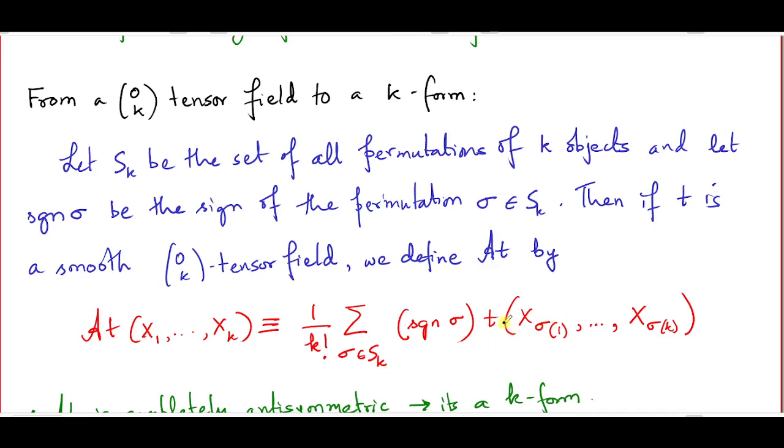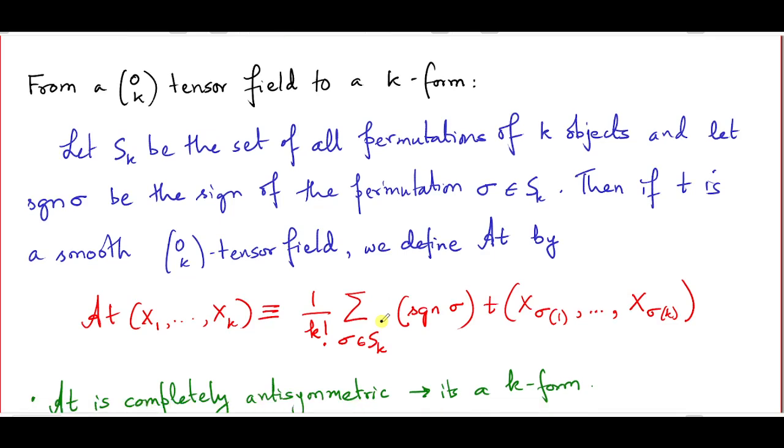And there, you're going to start with the same tensor T, the (0,k) tensor that we are talking about, but you're going to permute the arguments. Instead of x1 through xk, you're going to use x sigma 1, x sigma 2 and so on up to x sigma k. Multiply the resulting function by sgn sigma. So a plus 1 if this is an even permutation, minus 1 if this is an odd permutation. Sum up all of these and then divide finally by k factorial.